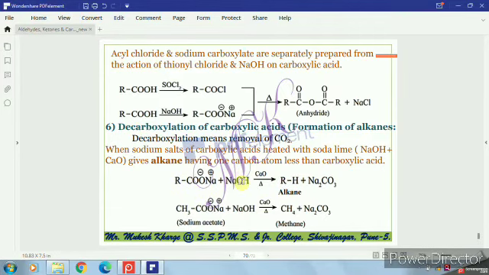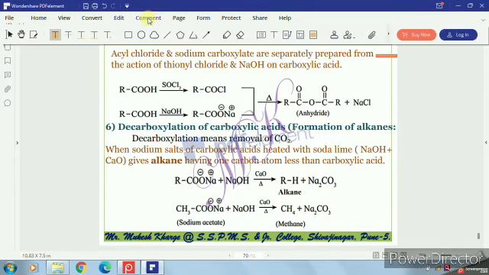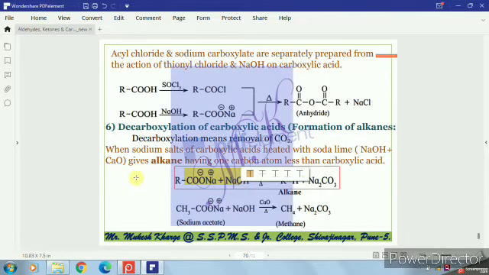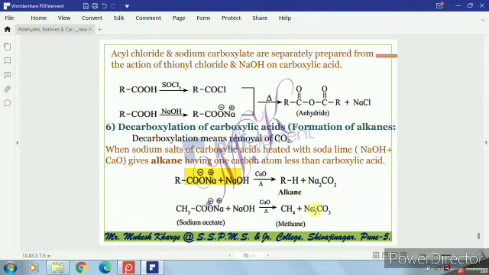So I'll show you. In this way you can remove. What is the group that remains?